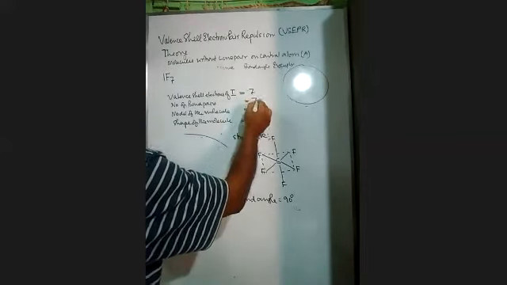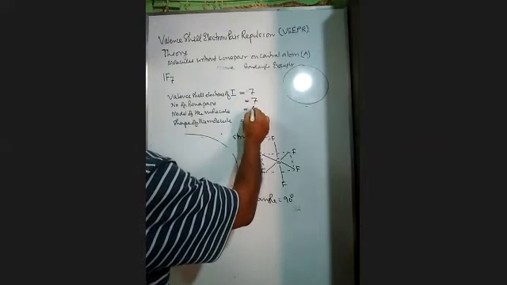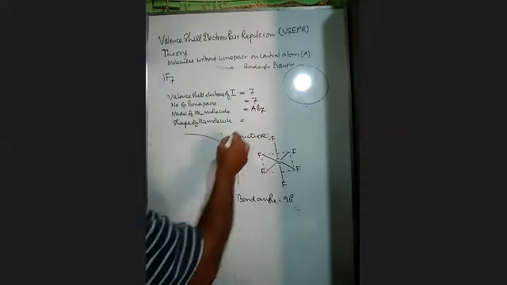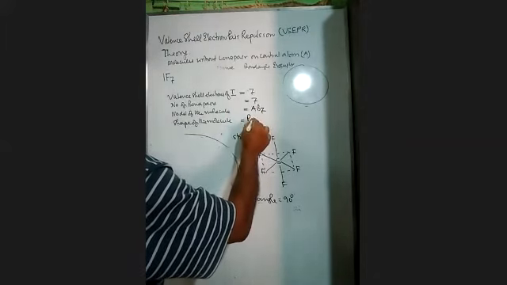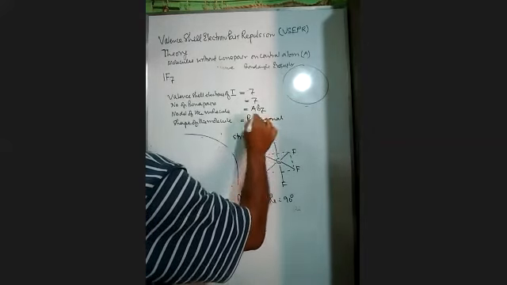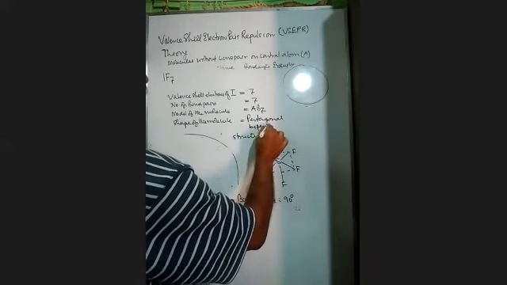Bond pairs 7. Model of the molecule is AB7. Shape of the molecule, I told you what is that? Pentagonal bipyramidal.